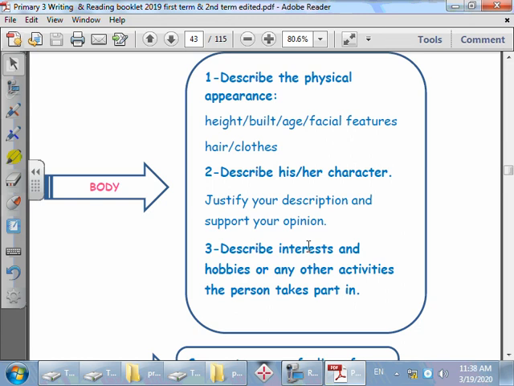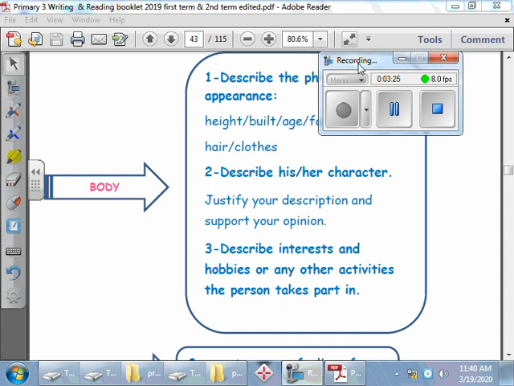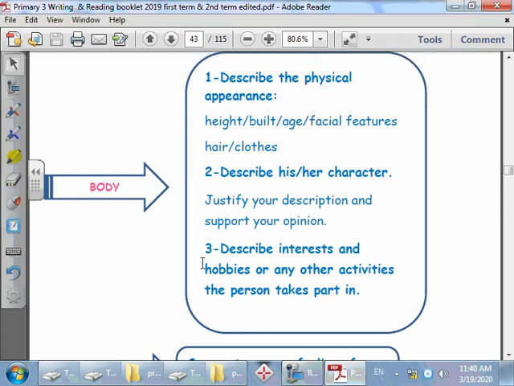Next, we describe his or her character. Like, for example, is he nice, is he helpful, is he friendly, and so on. Okay, after you describe the character, justify your description and support your opinion.